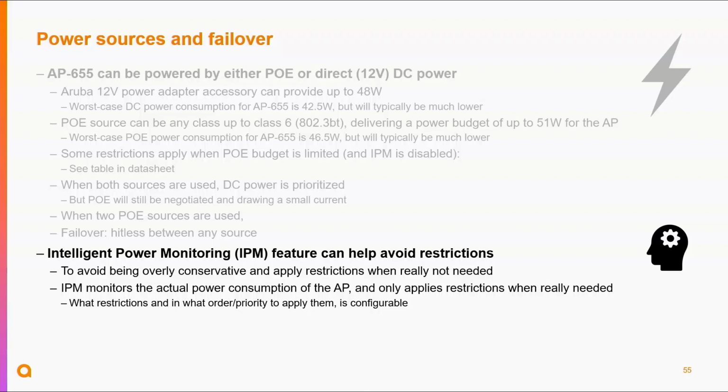If your PoE budget is limited, and you know that your worst case is 41 watts, since you never get to the 41 watts, you don't need to apply all those restrictions. By measuring the actual power consumption of the AP, we can postpone any of those restrictions until we really need it. So that's really what IPM does. It helps us to more efficiently use the power from a limited PoE source.